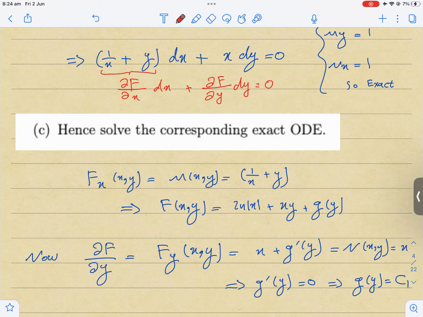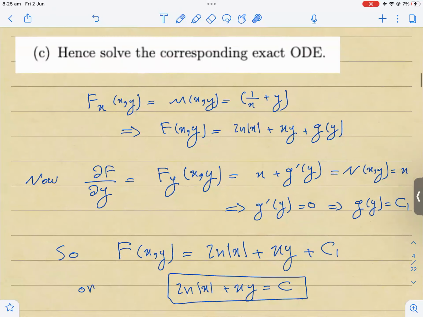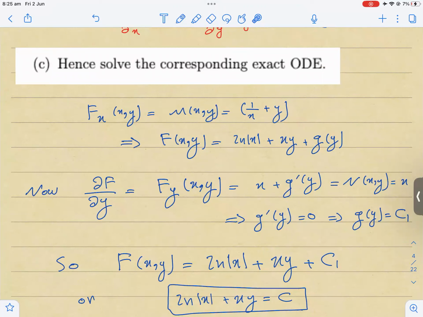So I see this guy here, del f del x. So they propose to obtain f. f is equal to log, the integration of this one in terms of x. So this guy, log absolute value of x plus xy plus g(y). You know why we write g(y). You are now professional. Del f del y is fy.